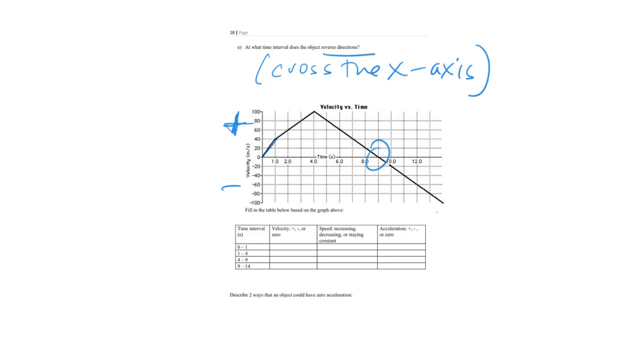So right here, if this were a position versus t graph, you would say right there, because you had positive velocity here, and then negative velocity going downhill. But we're not talking about that kind of graph. We're talking about a v versus t graph. So at what time interval? Well, it's at the 9-second mark.